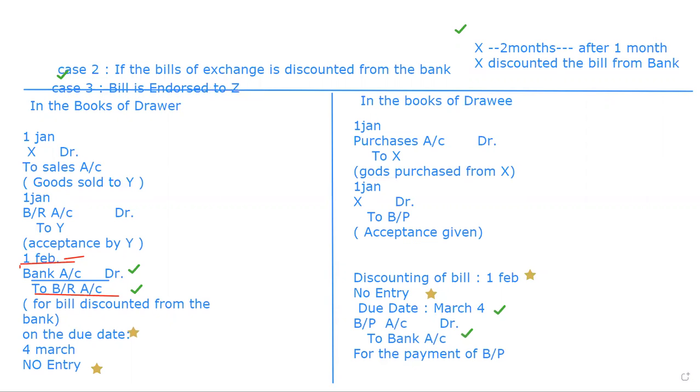So we are just doing the case now when the bill is endorsed to Z. Now in the books of drawer, what must be the entry?